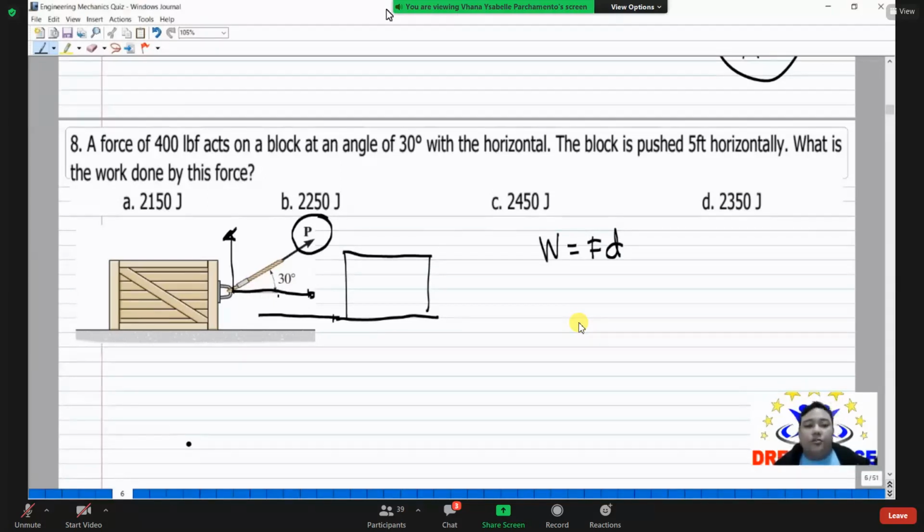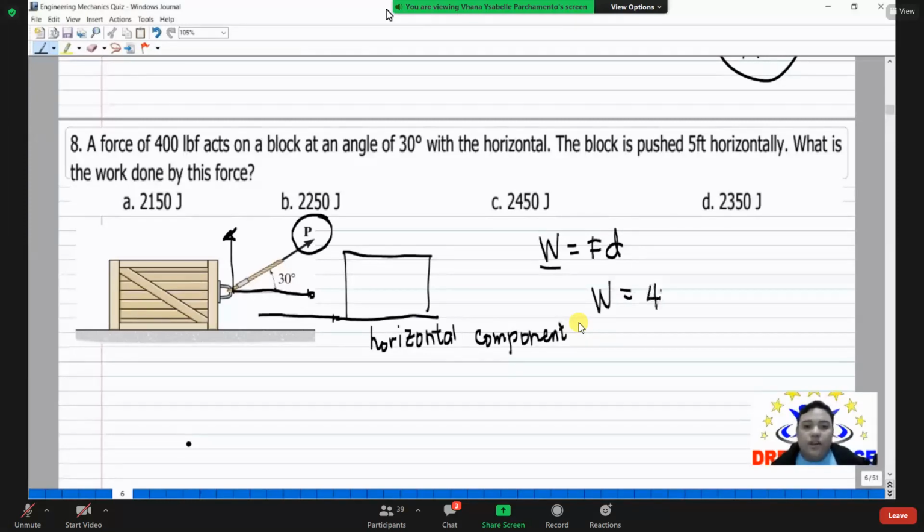Kasi ang galaw lang naman ng position is horizontal. So, we will consider only horizontal component. Kasi yan yung work. So, work is equal to the force times the distance covered. So, yung force, tapos yung kinover niyang distance.